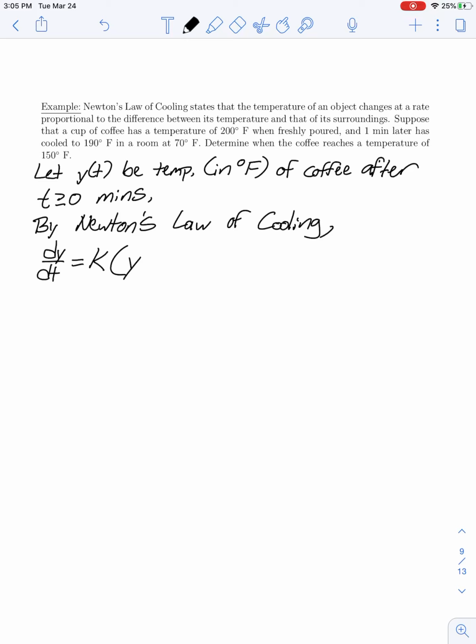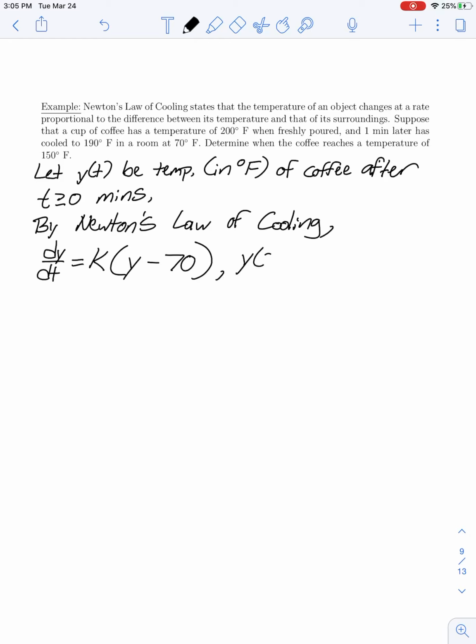So we're going to look at a difference here, the difference between our temperature y and the temperature of our surroundings, which in the problem, we were told the ambient temperature of the room is 70 degrees.